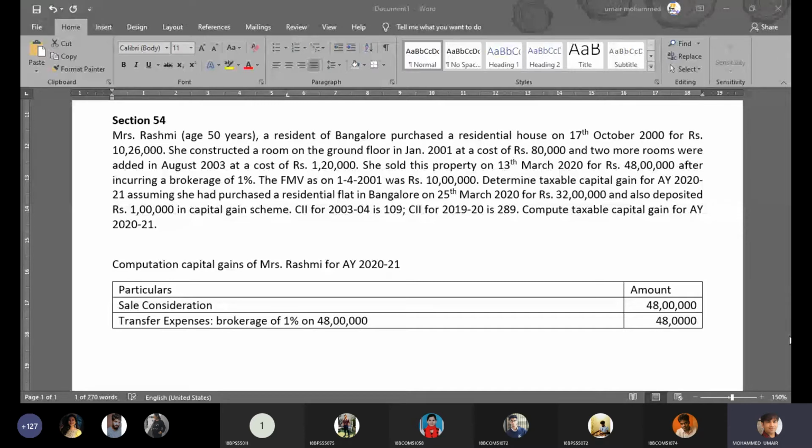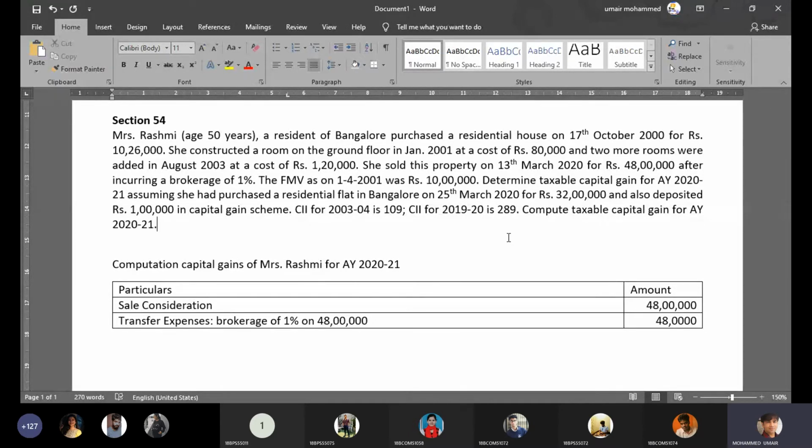Now, the moment you see that what is being sold is a house property and what is being bought is also a house property, you can easily come to a conclusion that this is a deduction which the assessee can claim under section 54. Section 54 says you have to sell a residential house property and with that money buy a new residential house property, and the duration is also specified. If you're buying, you have to buy either 1 year before the transfer or 2 years after the transfer.